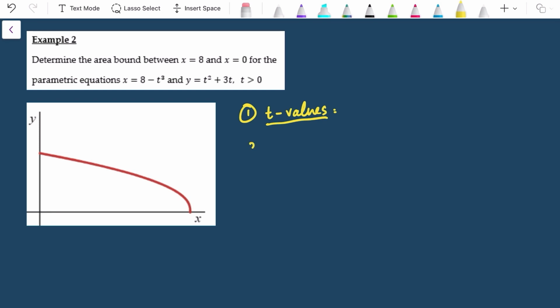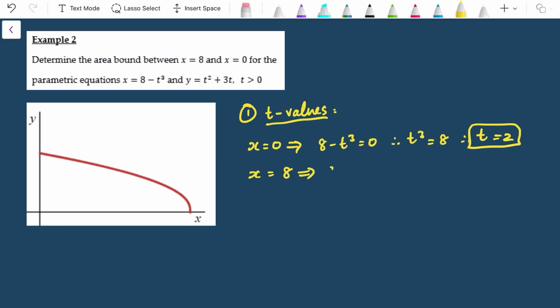When x is equal to 0, I will have that 8 minus t cubed is equal to 0, and therefore t cubed must be equal to 8, and therefore t is going to equal 2. And when x is equal to 8, I have that 8 minus t cubed is equal to 8, and therefore t cubed is equal to 0, which means t must be 0.